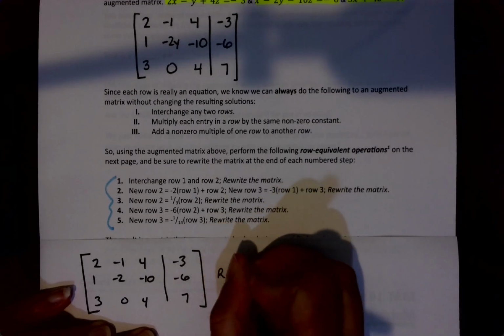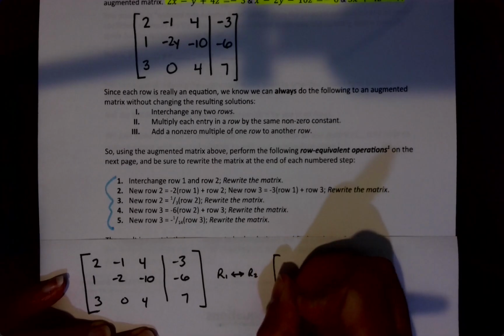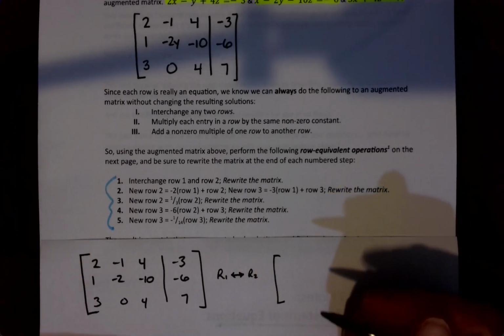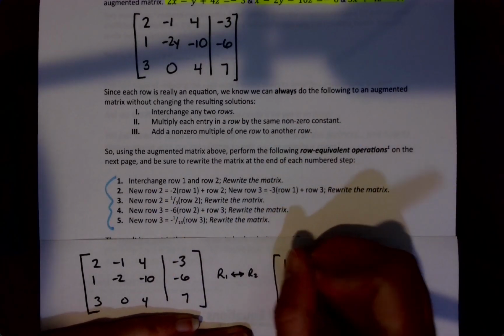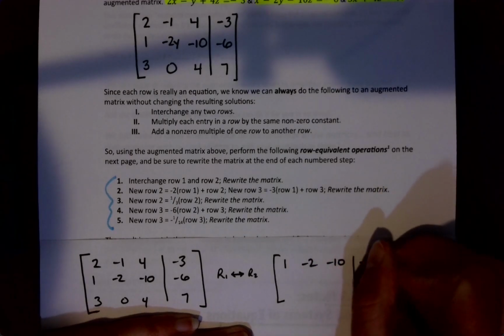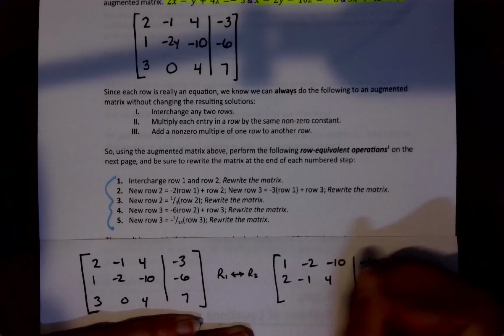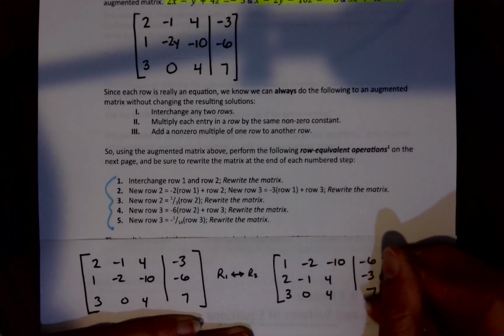So we're going to swap row 1 and row 2. The reason for that is because there is a 1 coefficient here. The reason doesn't matter right now. We're just going to follow the directions. So we're going to put row 1 on top. We'll have 1, -2, -10, -6. Then 2, -1, 4, -3, and we're going to leave our 3, 0, 4, 7 alone.